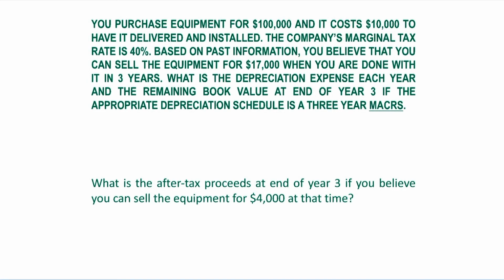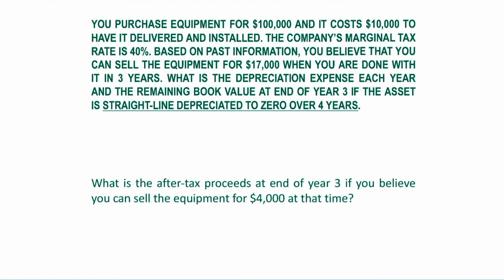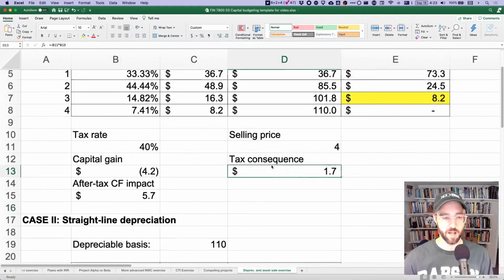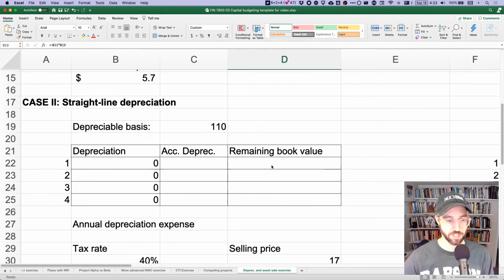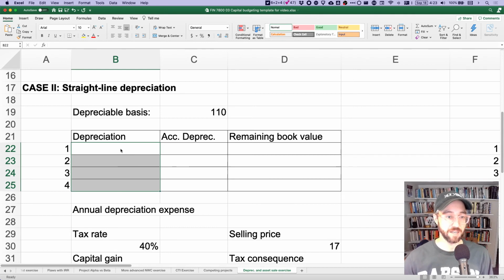There's another set of examples, which is covered in the slides, where instead there's straight line depreciation over 4 years rather than MACRS depreciation. And all that that's going to involve in Excel is just changing the depreciation schedule. So with straight line depreciation, you can plug in the depreciation rates.